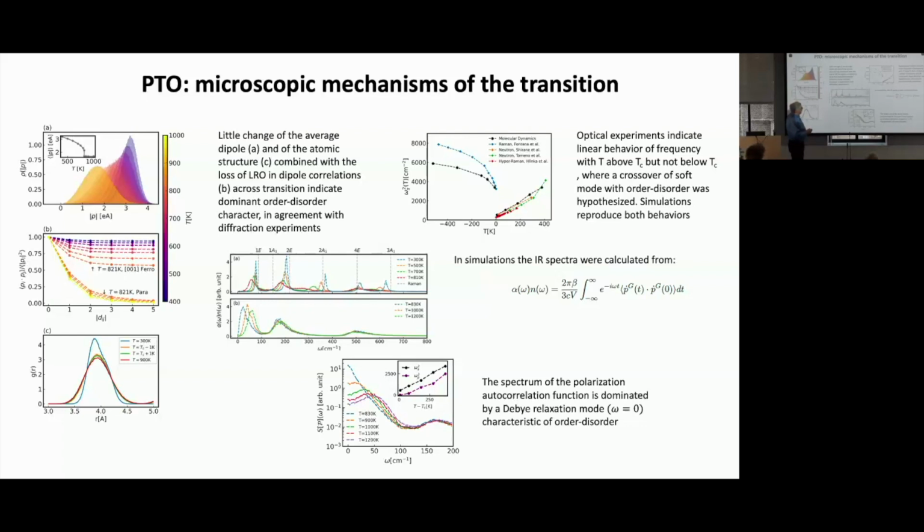On the other hand, when we are below the transition temperature, there is a linear behavior only quite well below the transition temperature, but when the transition temperature is approached, there is a strong deviation that is typically called the waterfall in this field, and they attribute that to a crossover between soft mode and order-disorder transition.